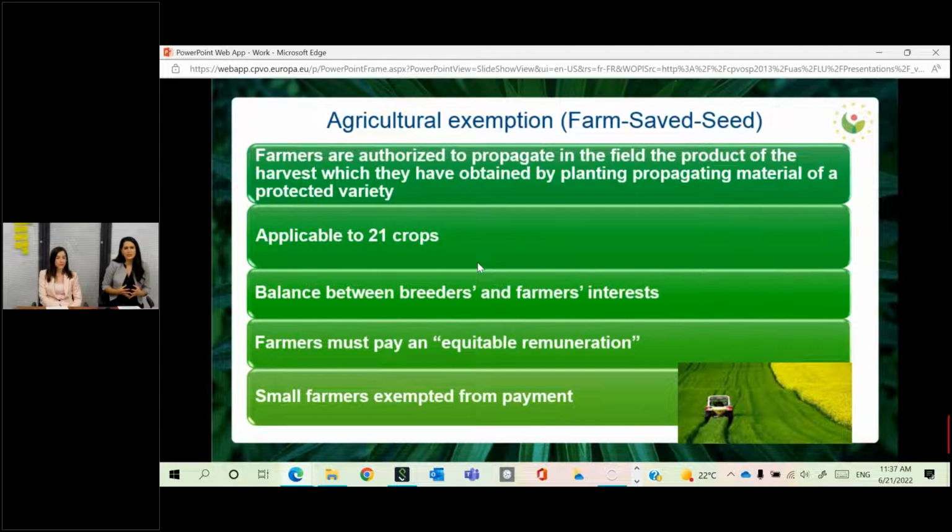Of course, there should still be an equitable remuneration, so a little bit of return for the breeder who put a lot of effort, but this remuneration is clearly lower than any royalty. And as you see on the slide, small farmers should not pay this equitable remuneration because they have a very small farm. They use it only for non-commercial purposes, only in their holding.